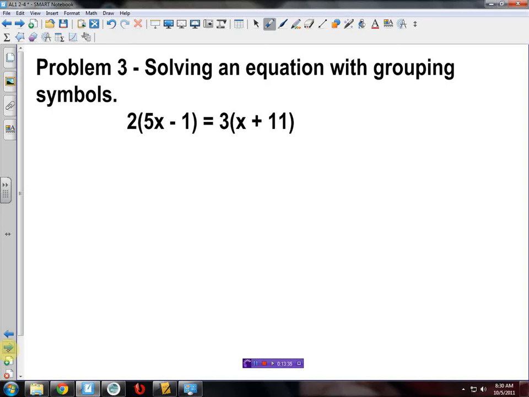I'm going to say 2 times 5x, which is 2 times 1, which is? What operation goes there? Minus, the same one as that's up there. Equals 3 times x? 3 times 11? What operation? Good.